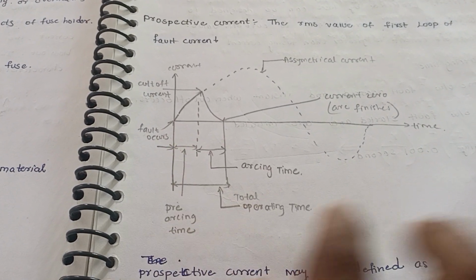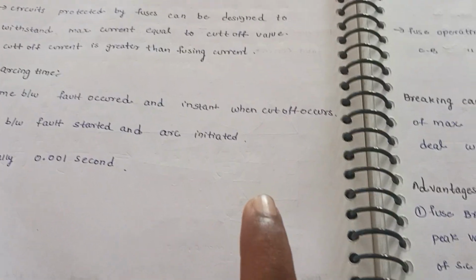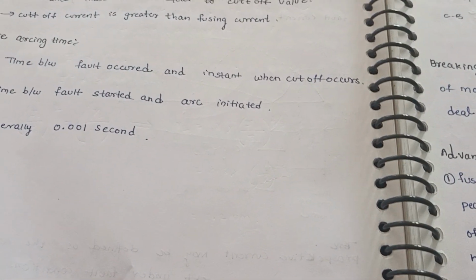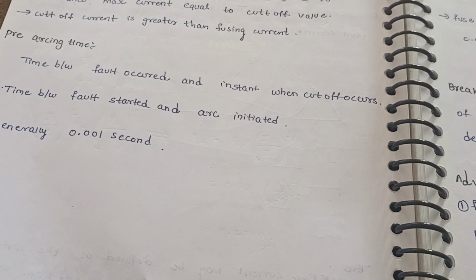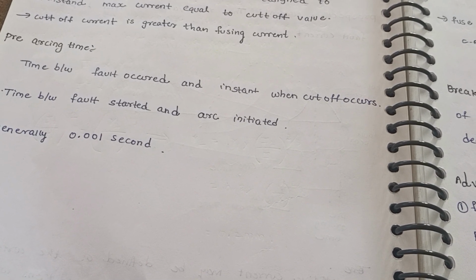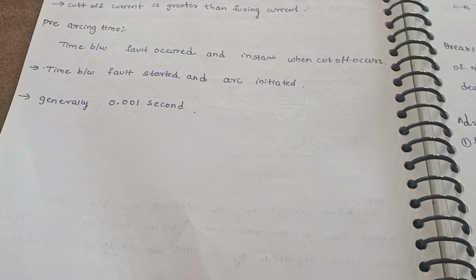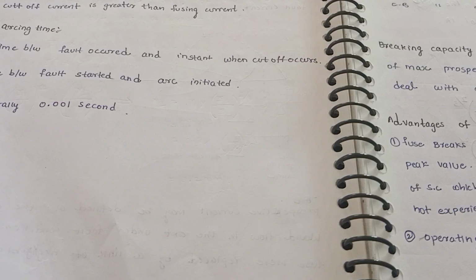It is the time between the fault starting and the arc being initiated. Generally, pre-arcing time is 0.001 seconds. Please remember this, it will be asked in engineering exams.